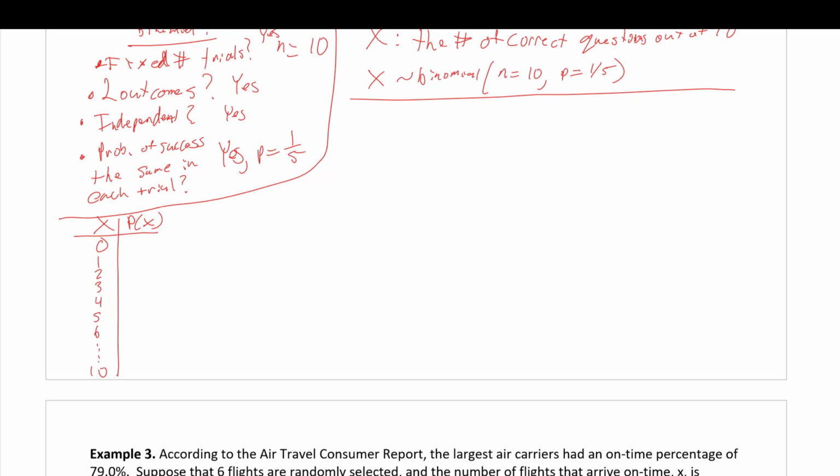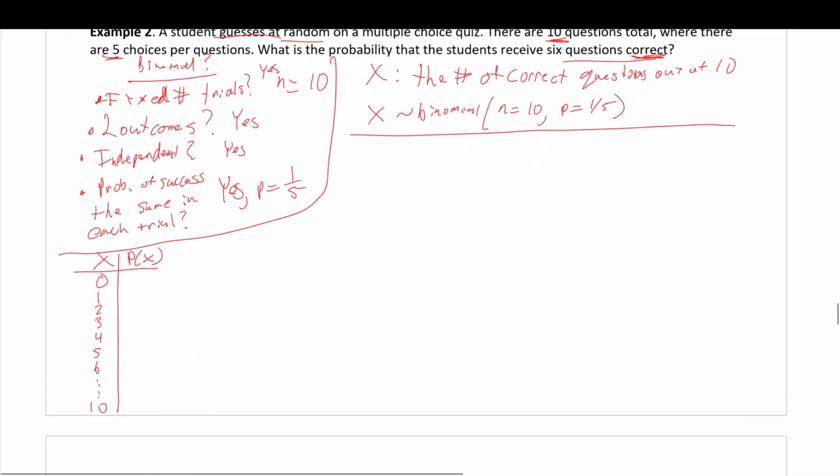What this formula here, the probability of x equals little x is nCx p to the x times 1 minus p to the n minus x, does is generate every single one of these probabilities. The n and p stay the same throughout the problem. The x, however, does change. If you plug in 0 for x, 1, 2, 3, all the way to 10, 11 of them, you can generate all these probabilities. And keep in mind that all these probabilities have to add up to 1. That's going to be an important thing to consider in the coming problems.